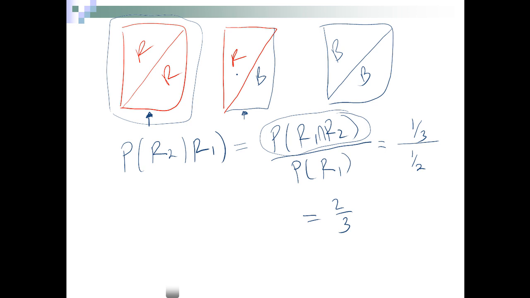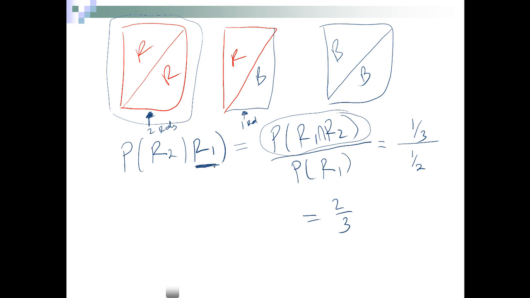So of those three total ways that we can get the first card being red, two of those come from selecting this card, so two reds, and only one of those comes from this card. So that means we're twice as likely to see two reds than we are to see just the red and the blue card, given that information.